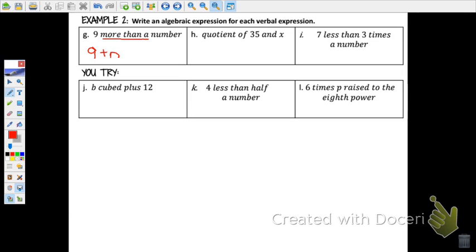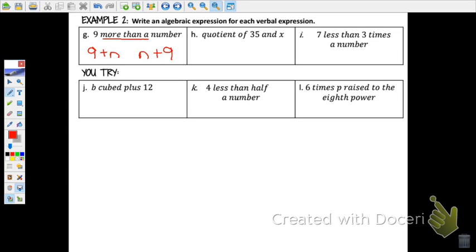So this could also be written as 9 plus n. And because it's an addition problem, it does not matter which way it is written.